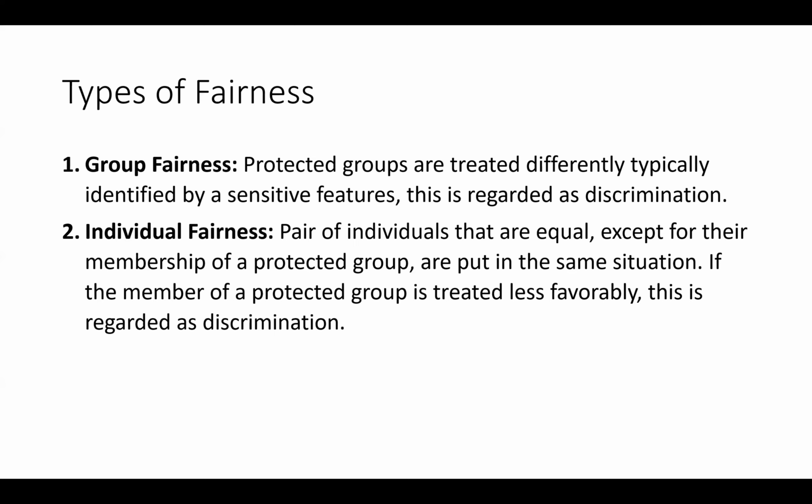Not matrix, which is a mathematical object. In each library we are going to have several metrics that will measure group fairness and individual fairness. So we are going to classify the metrics based on group or individual.